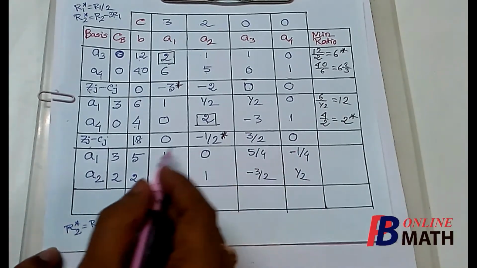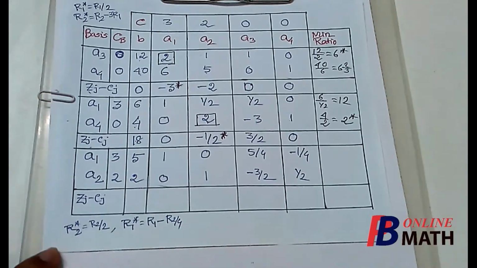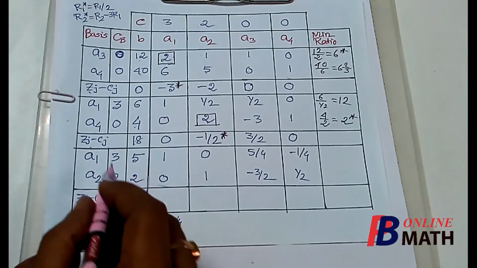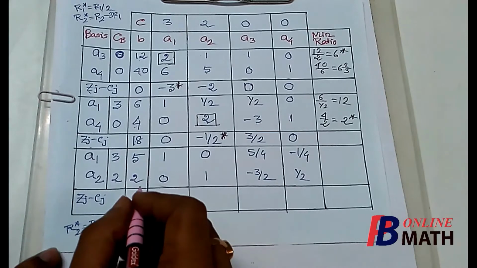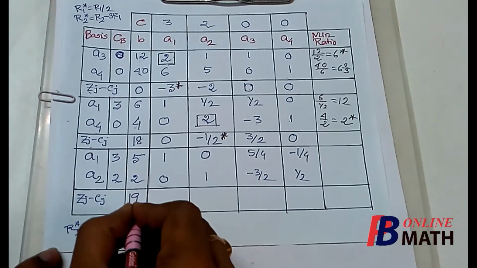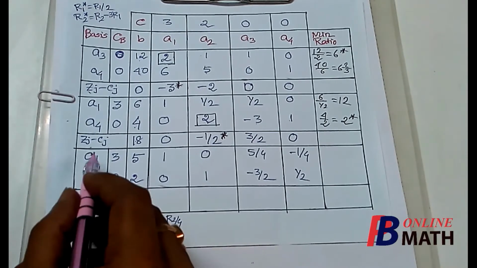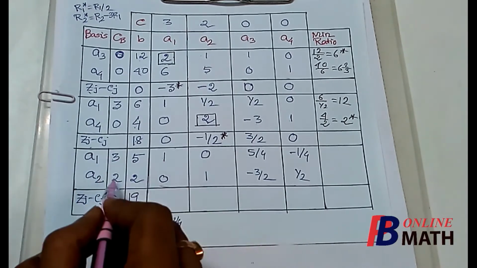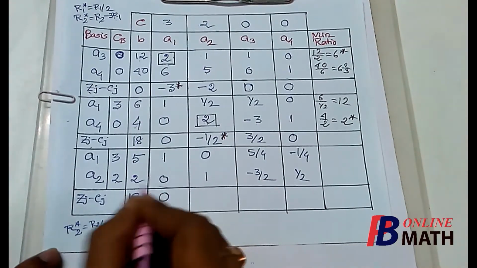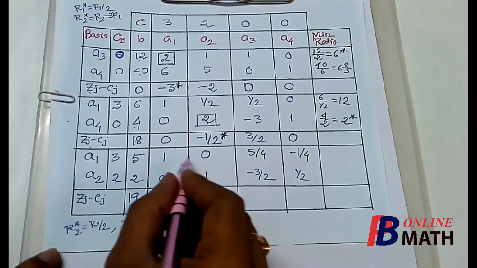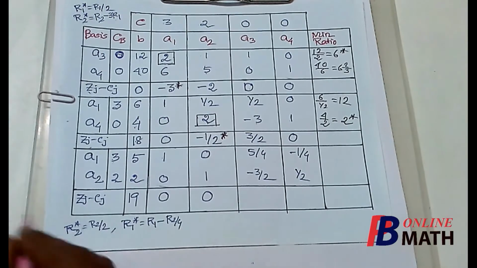So we have found all the values. Now we find Zj minus Cj for all the variables. First this value will be 3 into 5, 15, plus 2 into 2, 4, which is 19. Now this value of Zj minus Cj will be 3 into 1 plus 2 into 0 minus 3. So 3 minus 3 is 0. This value 3 into 0 plus 2 into 1 minus 2, which is again 0.